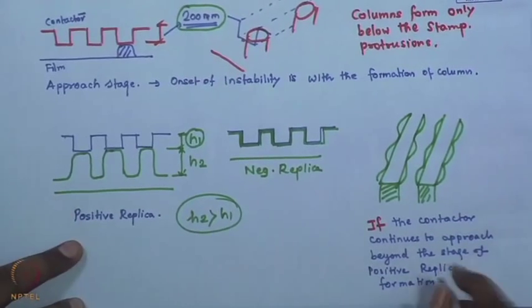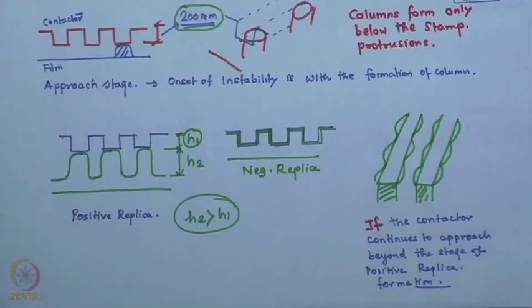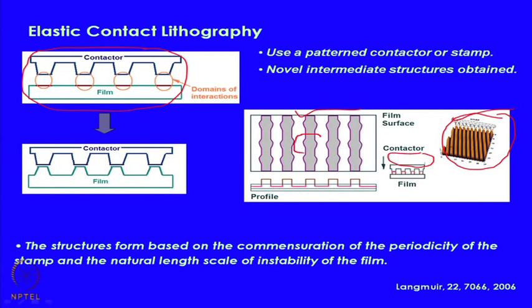Beyond that stage, as it continues to approach, you see these types of bulging instabilities along the length of each of the positive replicated strips.